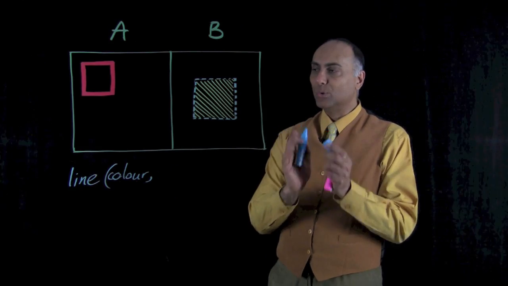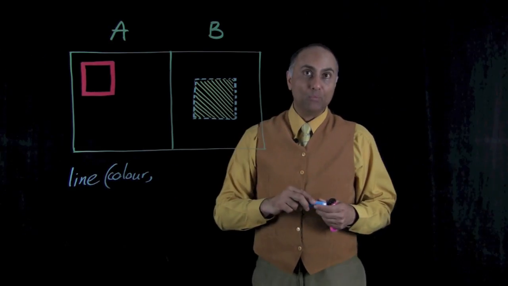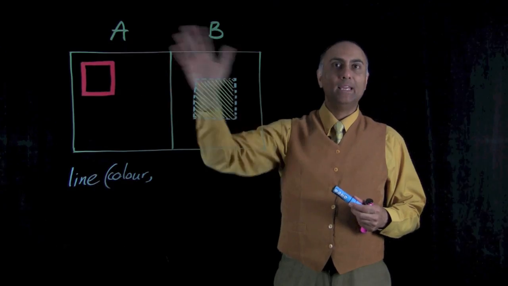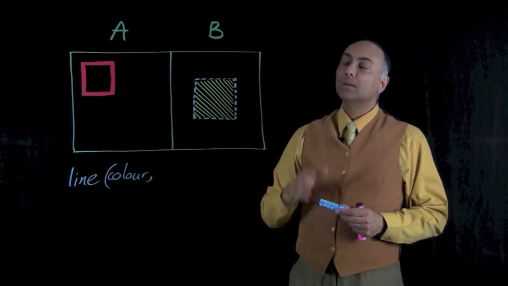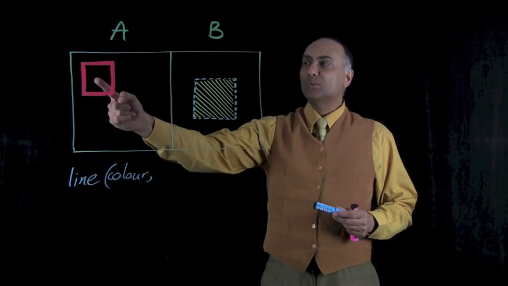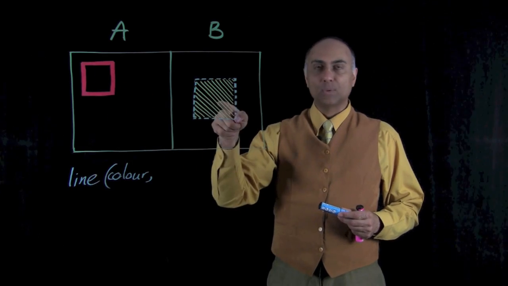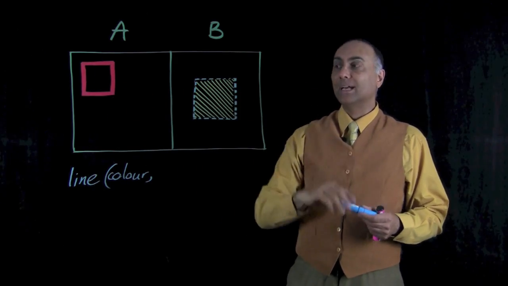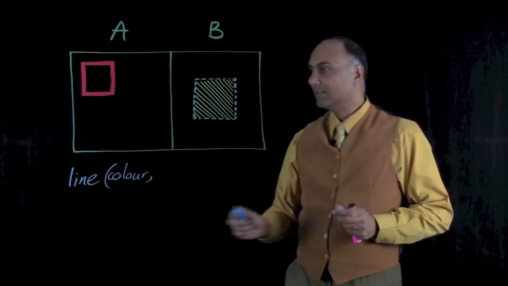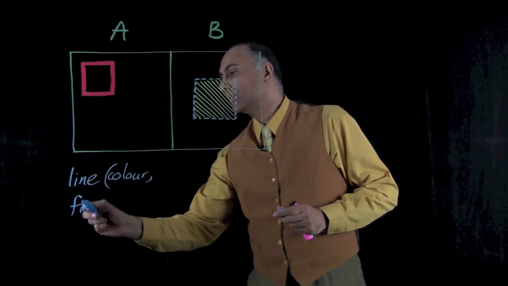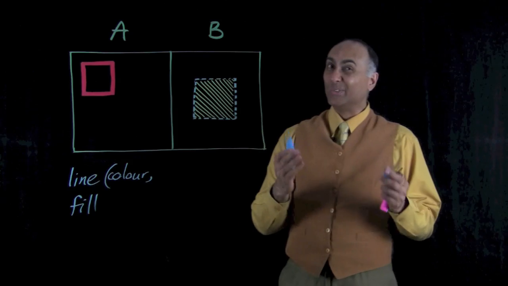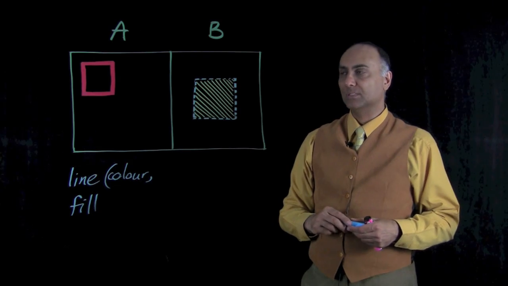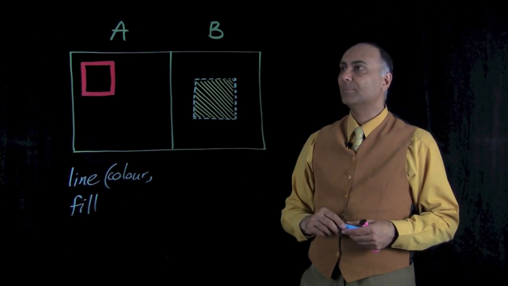But before I list those, let's look at some other obvious differences between pictures A and B. Well, this one has no fill, and this one has yellow lines, diagonal yellow lines. So there clearly is a difference in fill. So that's one of the very first things you tend to notice about pictures is any difference in fill.